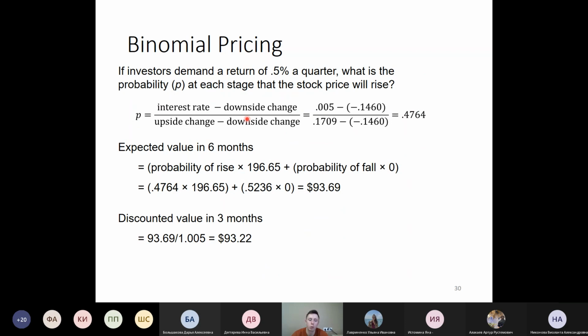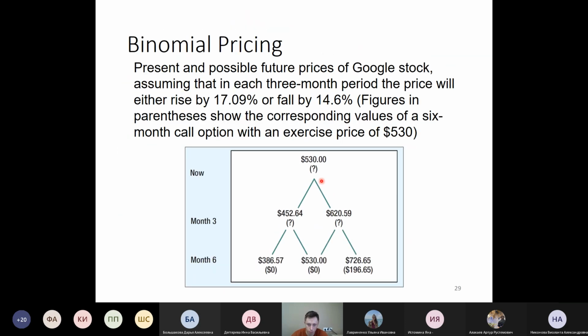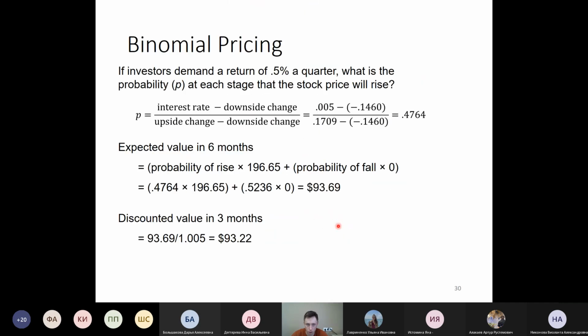In order to determine the probability, we have some potential changes, then we should estimate the probability of these changes. It should remind you of the decision trees that we just covered, but here it is simpler. Everything here is predetermined mathematically based on the assumption on the interest rate and the volatility of the stock.